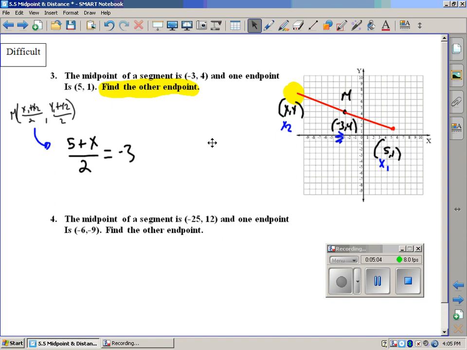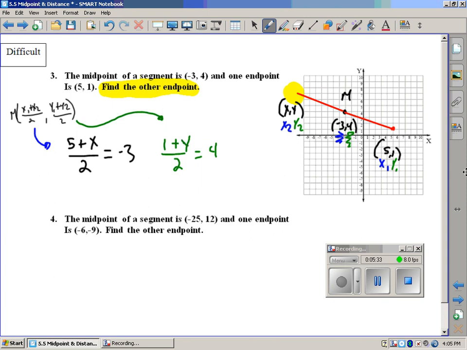It also says that y sub 1, that value, plus y sub 2, when divided by 2, should give me this number. So I'm going to do 1 plus y divided by 2 equals 4. And again, that's coming from this formula and this information over here.